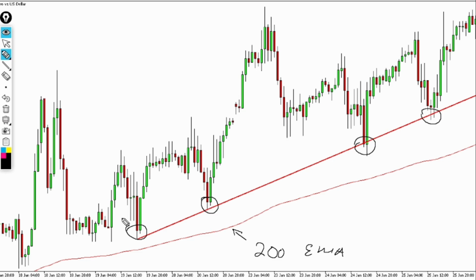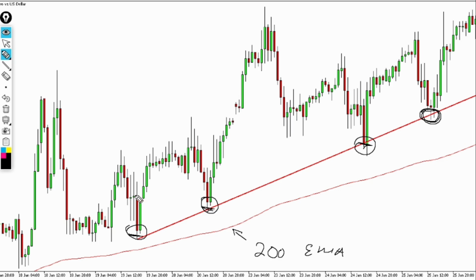So if you have a line that can connect once, 2 times, 3 times, that means this is a valid trend line, which means if the market comes back to this line at some point in time, we expect the market to bounce from that trend line, right? So this is a good example.